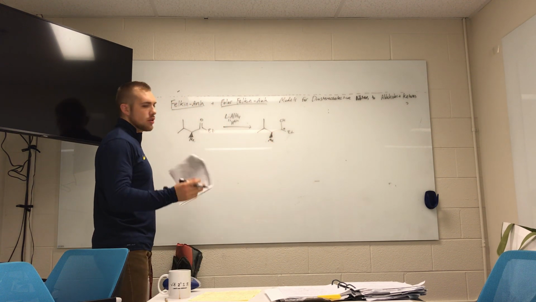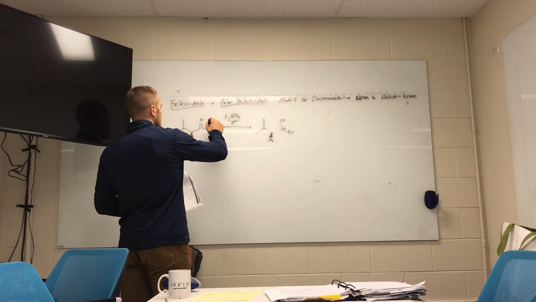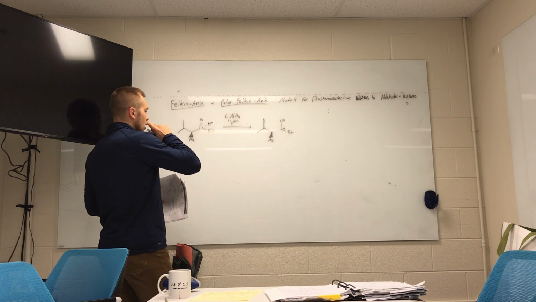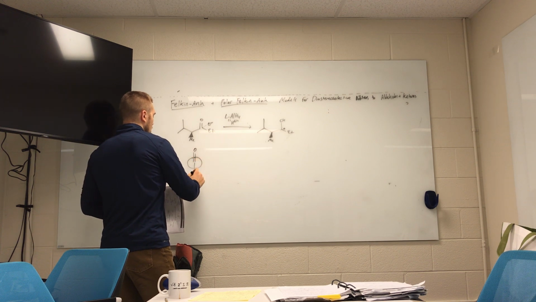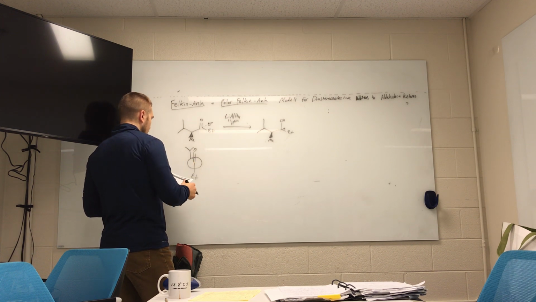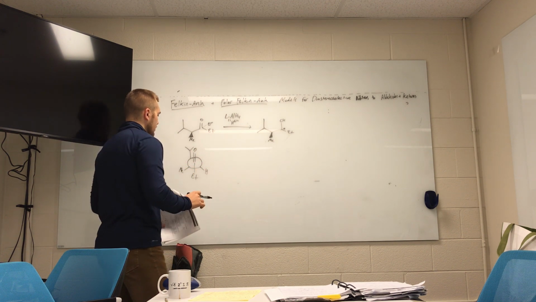So once again, we'll go through that whole algorithm, so to speak, of the Felkin-Anh model. We're going to draw a Newman projection as our ketone is given, and then our methyl group will be there.